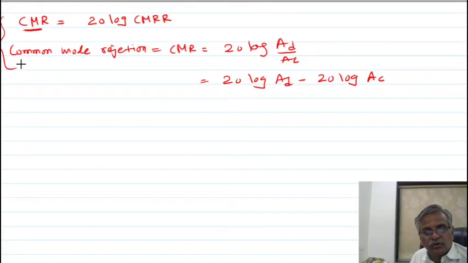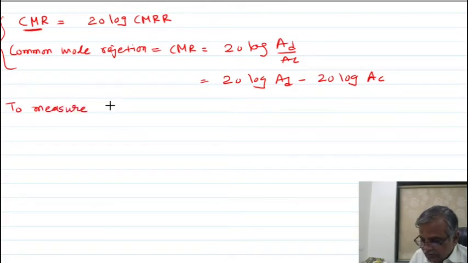Suppose someone wants to measure the CMRR. First, keep V1 equal to 0.5 and V2 equal to minus 0.5.